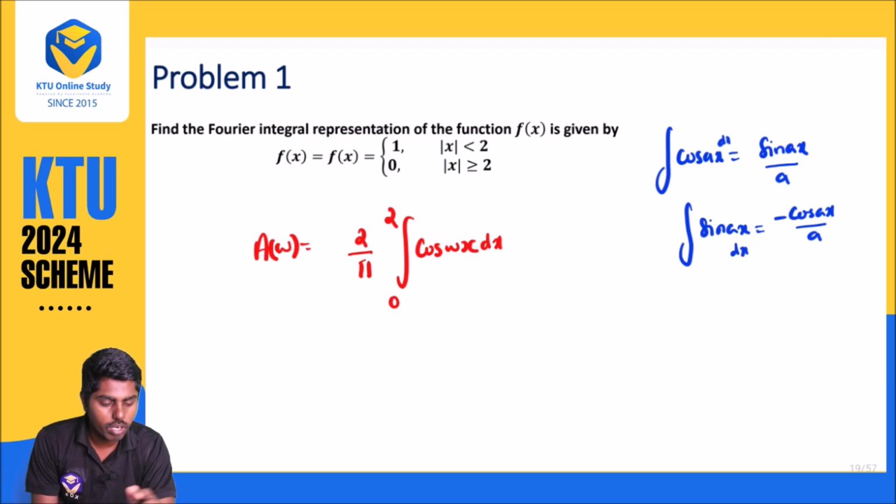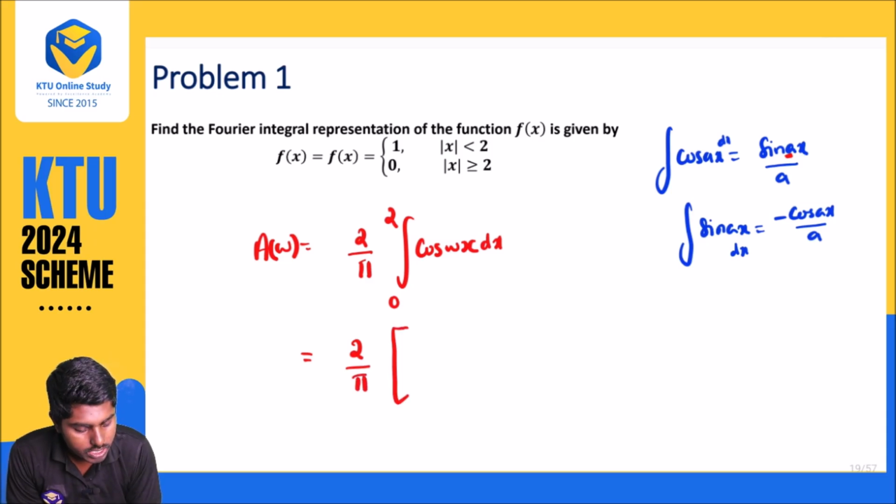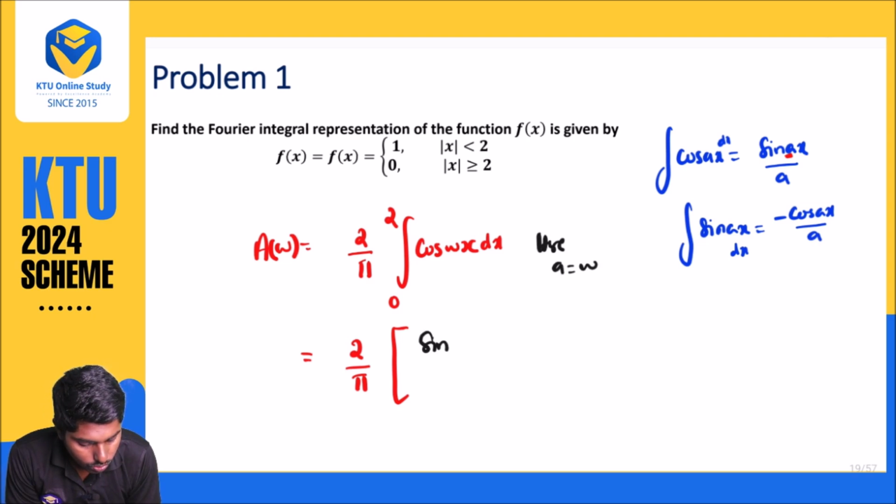So this is the formula you want to know. Here, when you are doing the integration of cos omega x, a equal to omega. So we will be getting 2 divided by pi, sin omega x divided by omega, from 0 to 2.